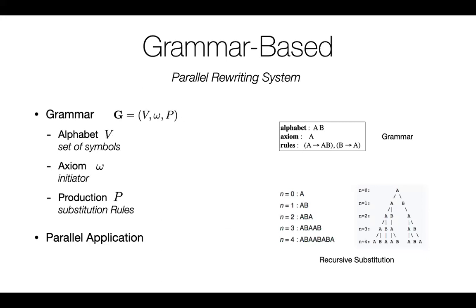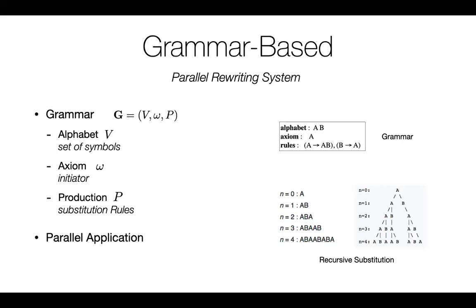And so starting with this grammar-based process, we have a parallel rewriting system that's based on a grammar and the application of the rules of this grammar in parallel, recursively. And so here we have an alphabet of symbols.